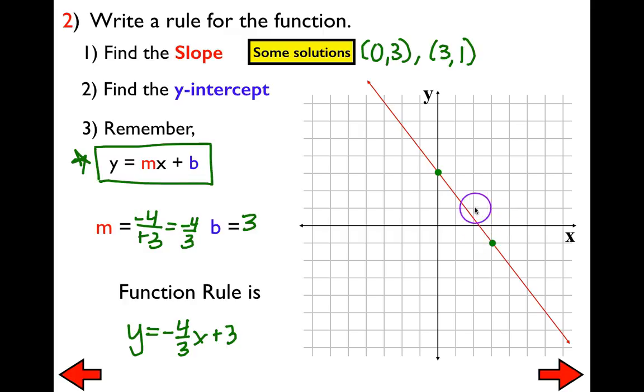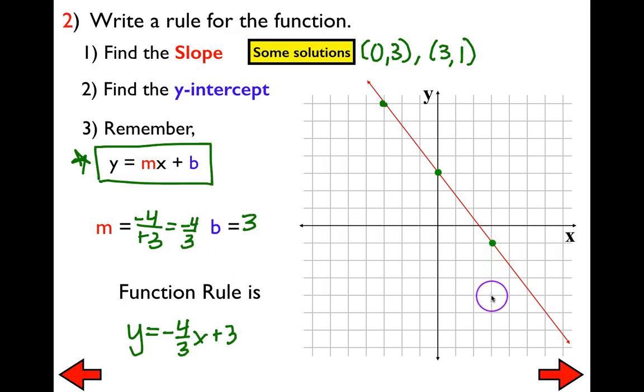If you're unsure at all, you can always use the slope. So instead of going down 4, you can go up 4: 1, 2, 3, 4. Instead of going to the right, you can go left 3: 1, 2, 3. So basically, I'm using the slope to find these ordered pairs.